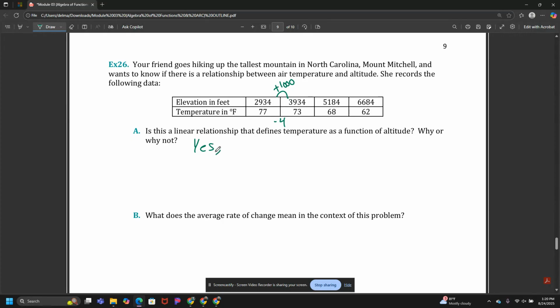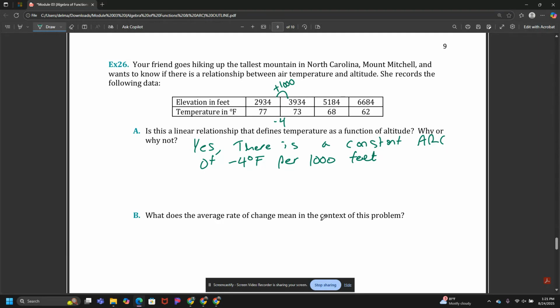So yes, there is a constant average rate of change of negative 4 degrees Fahrenheit per 1,000 feet.